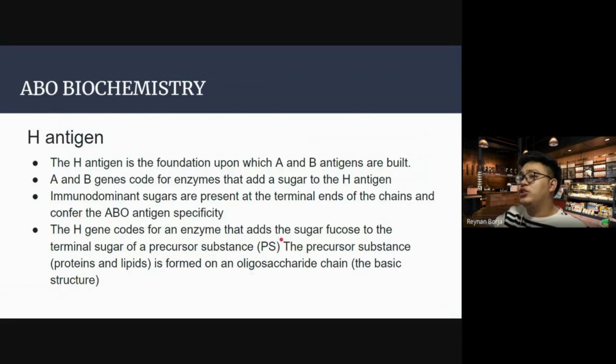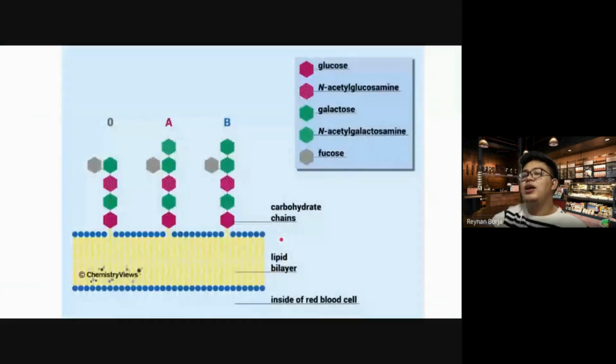Ay anong sugar, sorry. The L-fucose. Okay? So lahat ng blood group natin merong fucose. Okay? So ito yung oligosaccharide chain na naka-attach sa ating RBC surface. Remember this one. This is your lipid bilayer, phospholipid bilayer, and this is your surface of the blood.